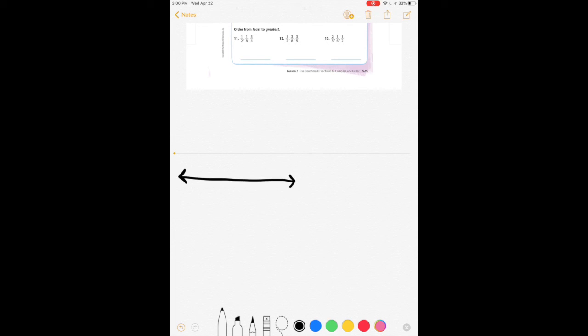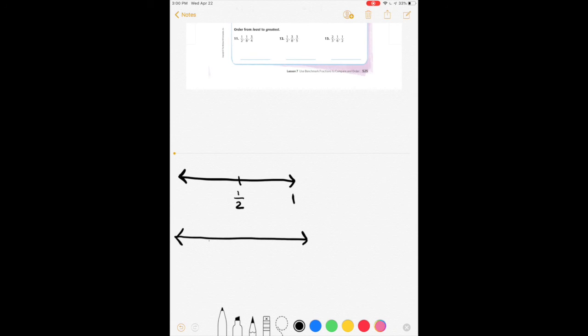First, we're going to do 1/2. Then we need 3/8. So we need to divide our number line into 8 equal pieces. My number line's not going to be big enough. Let me start that one over. Got to make my line smaller. If you mess up, that's okay. We all mess up.